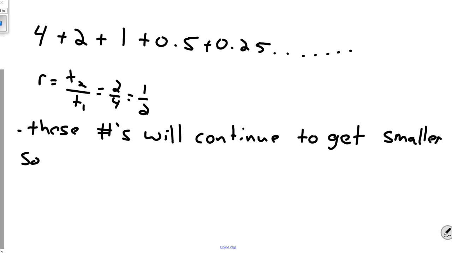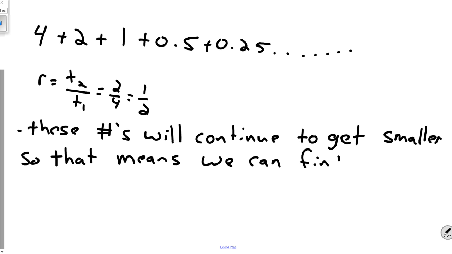So that means we can find the sum of the terms. Sorry, the sum of the series.